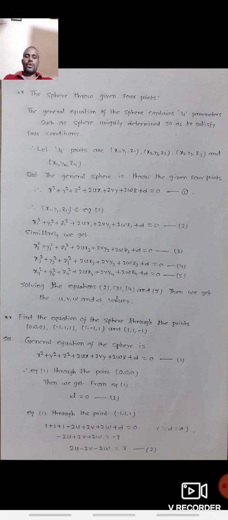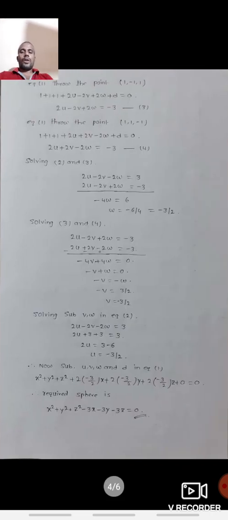So −2u + 2v + 2w = −3. Taking the common minus on both sides and cancelling, we get 2u − 2v − 2w = 3. Let us take this as equation 2.